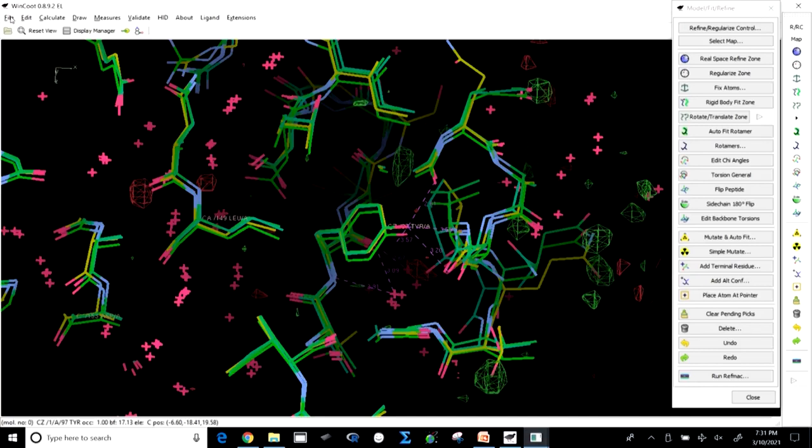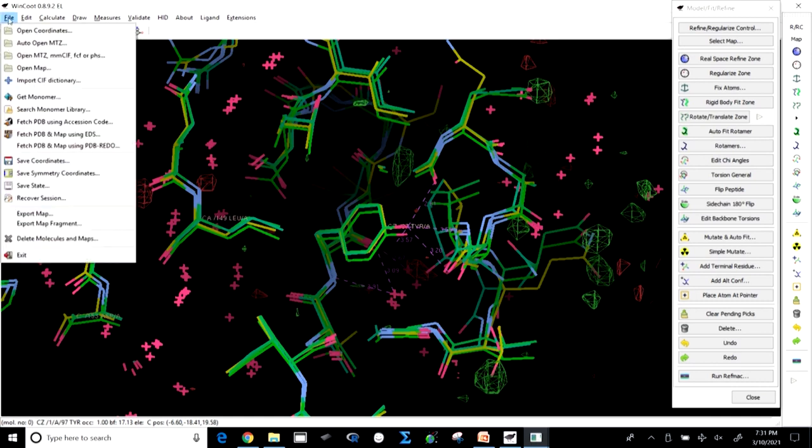As I told, you have to play more to know more, but through this you could have used the PDB file for the coordinates, the MTZ file for the electron density map. You could also use FCF or PHS formats. You could also import the SIP dictionary for the small molecules.